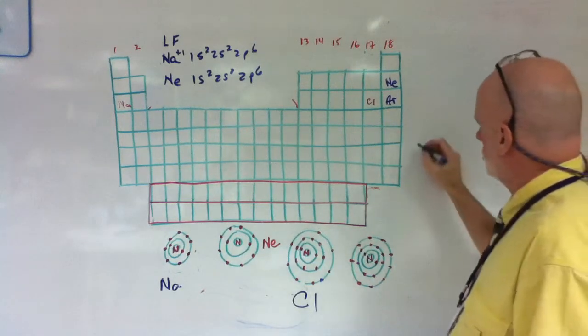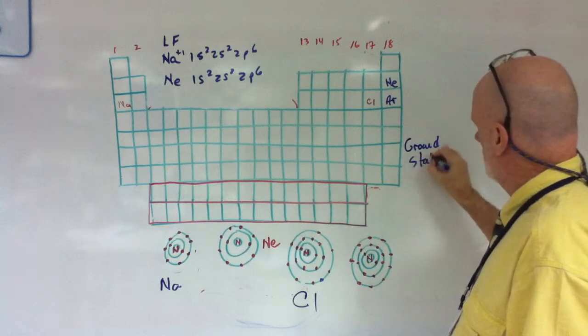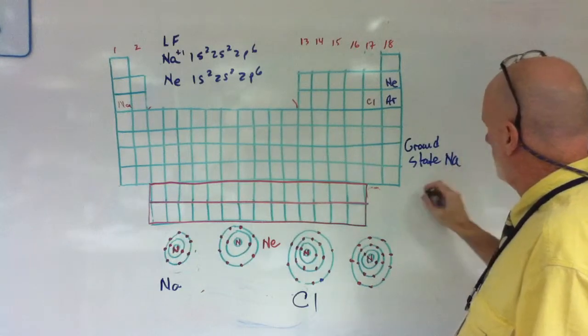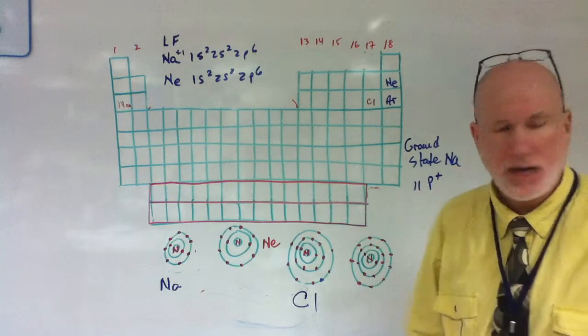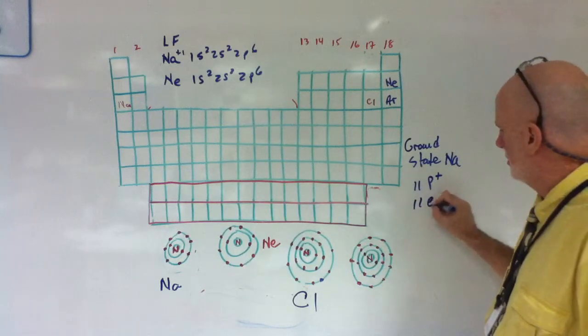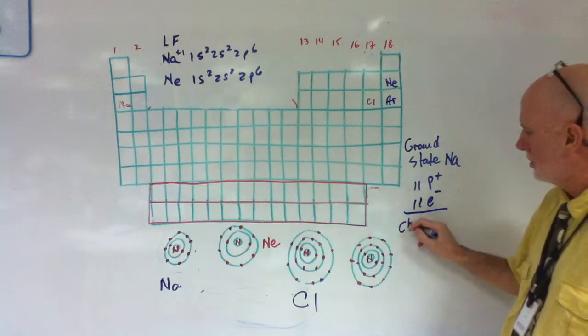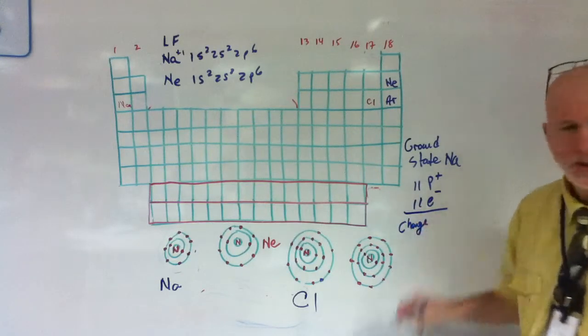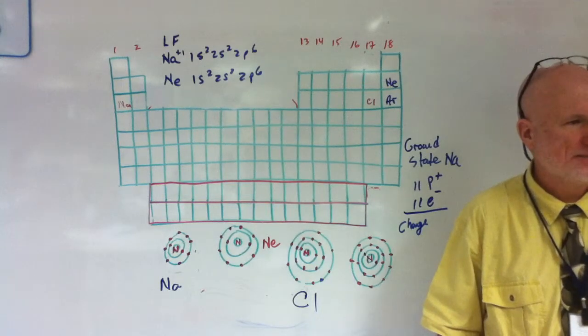So, ground state. Sodium. 11 protons, 11 electrons, charge in the ground state is, what's the charge in the ground state?